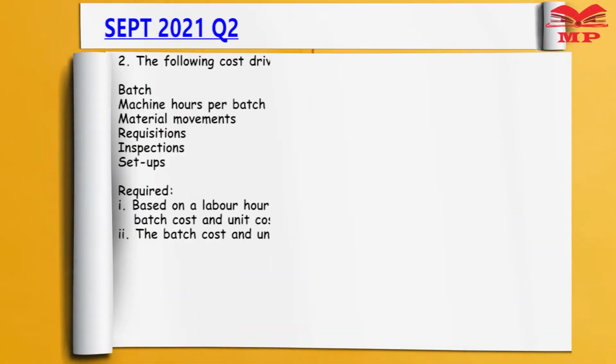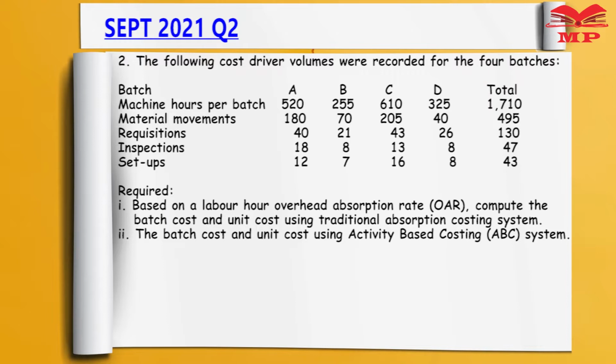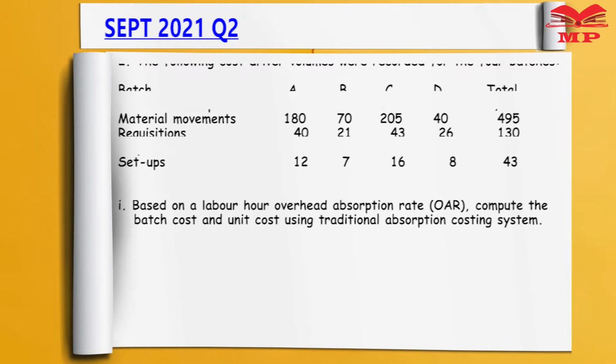So when we are using activity-based costing, we will not calculate the absorption rate, but instead we will calculate what we are referring to as cost driver rates. And how do we calculate cost driver rates?